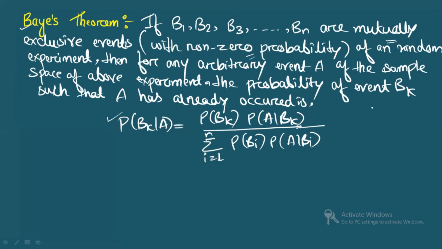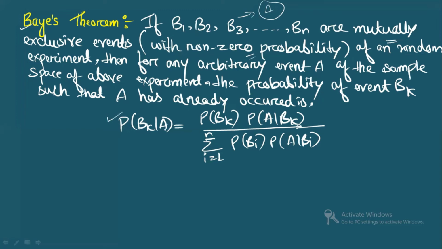All right, so if you are having B1 to Bn number of exclusive events, then out of these events you will choose any arbitrary event A, and you will calculate the probability of any event Bk. Suppose I'm taking B1, so you will have to find the probability of the event B1 such that A has already occurred. So this is somehow related to the conditional probability.